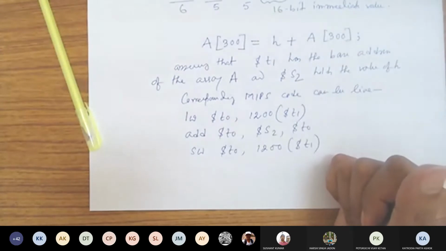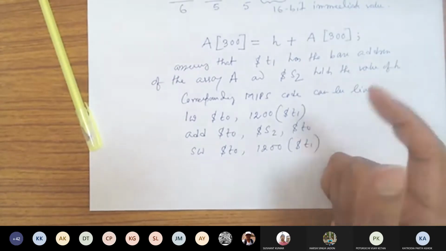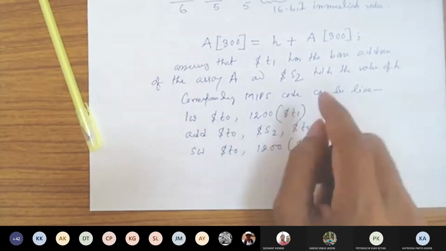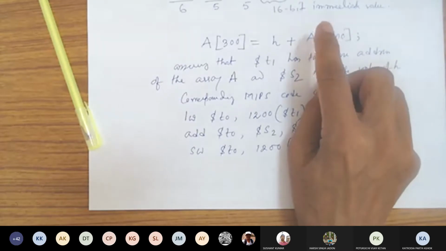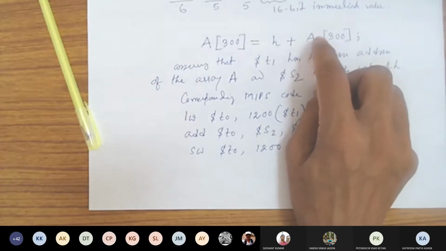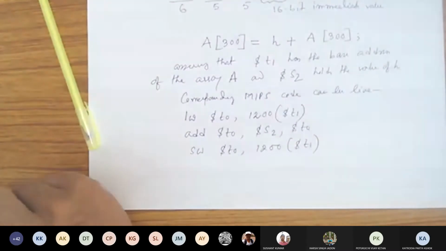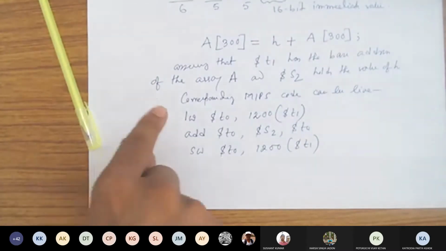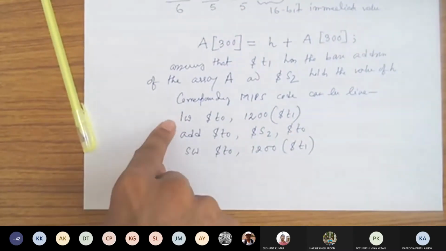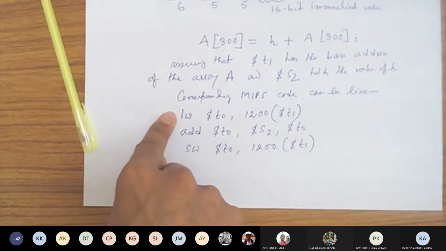Now, where is the part of the operating system here? Look carefully. When I am defining these addresses, I need to take permission from the operating system about where my array is and what the starting address will be.